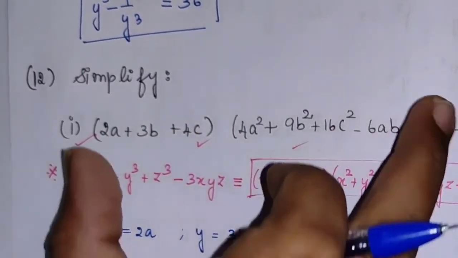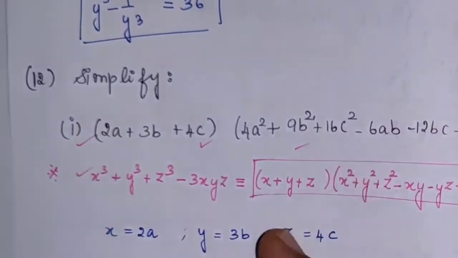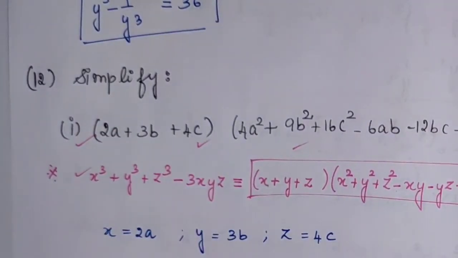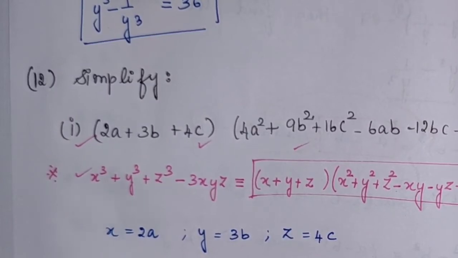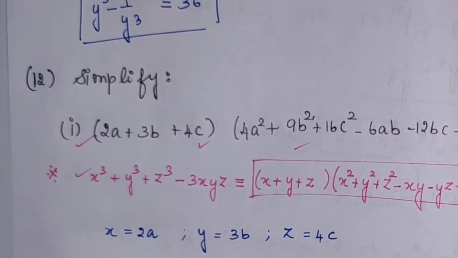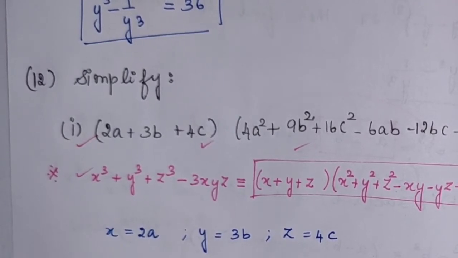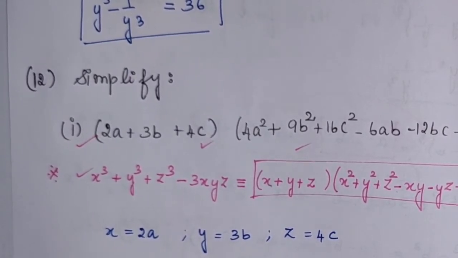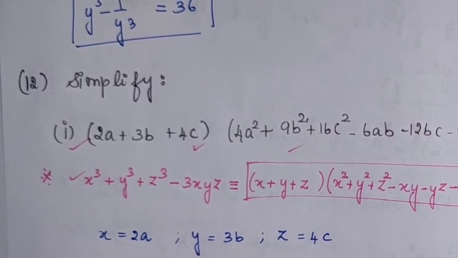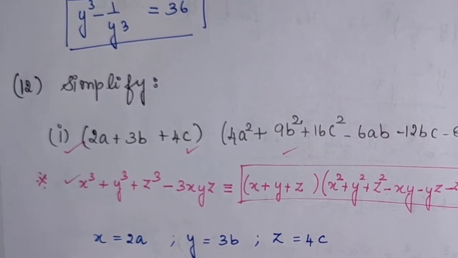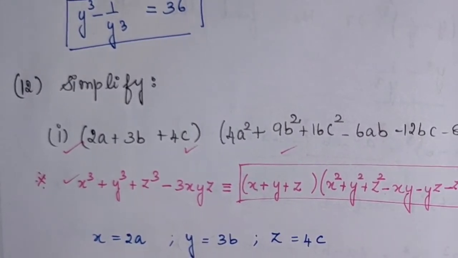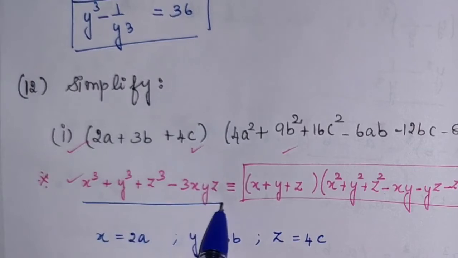That is, I can rewrite this in these 4 terms like this: 2a plus 3b plus 4c into 4a square plus 9b square plus 16c square minus 6ab minus 12bc minus 8ca can be written in these 4 terms.